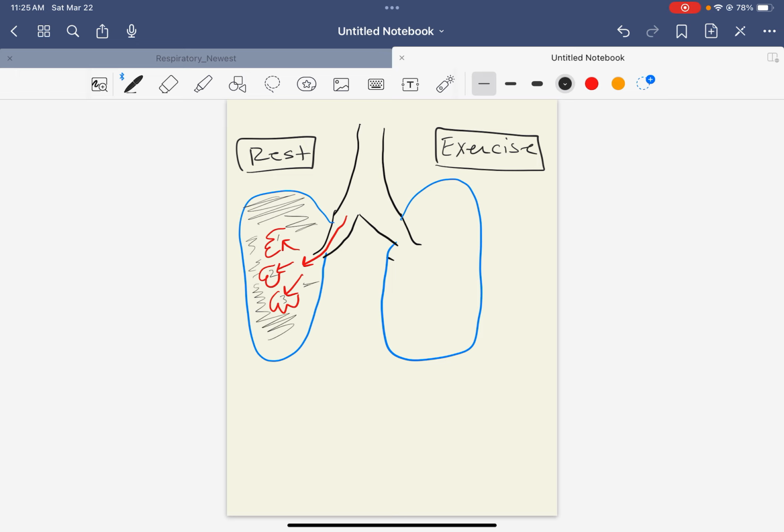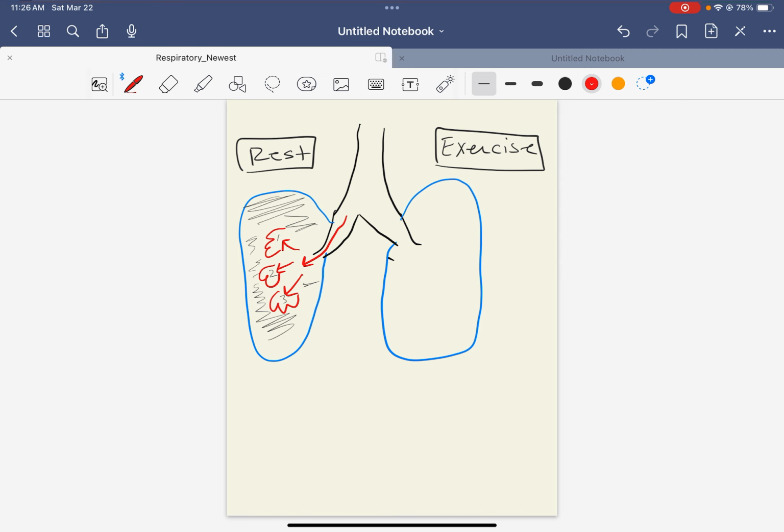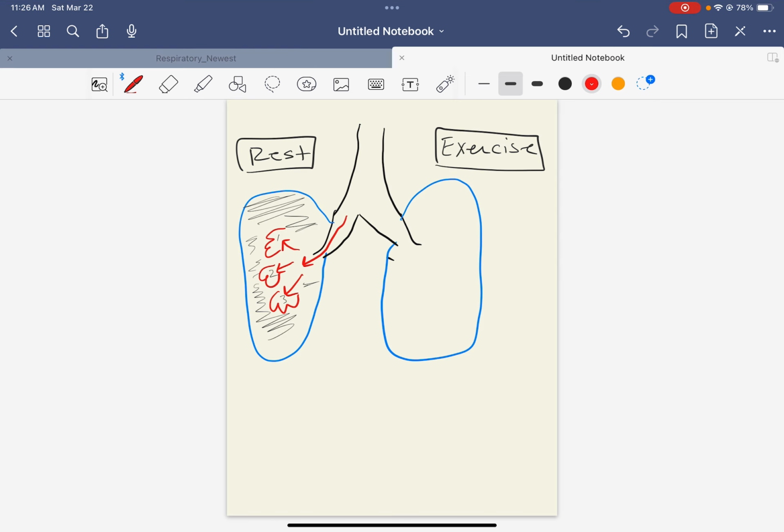Your lungs are very efficient. How that works is we do this by constricting and dilating. So in this example, we dilate to these 3 areas, but then all the other airflow, we constrict the vessels.